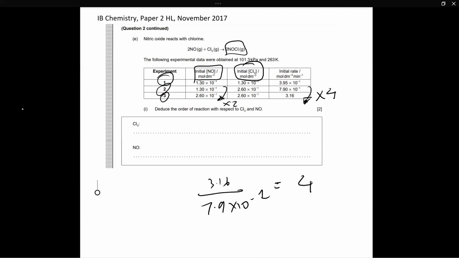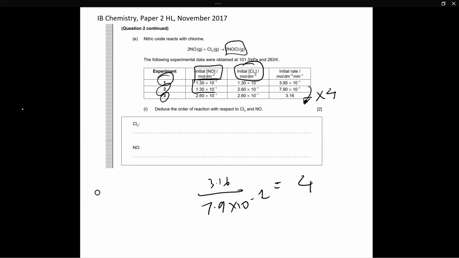So we can determine what the effect of the increase or decrease of nitric oxide has on the rate, because we're keeping one value constant, and then we are seeing the effect on the other value. And it's the exact same thing for chlorine gas as well.